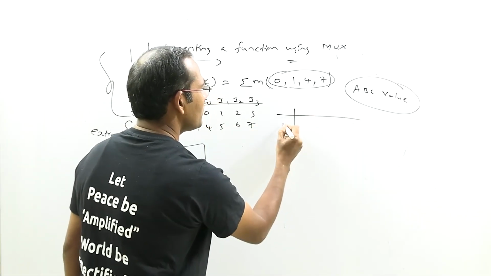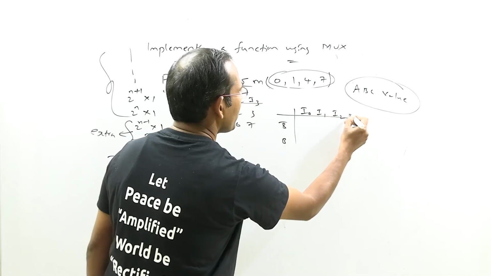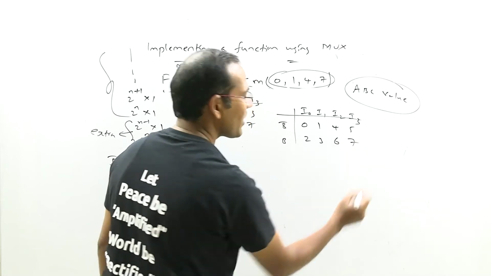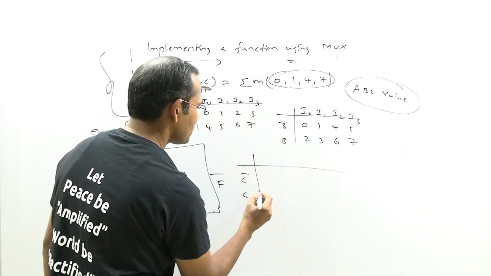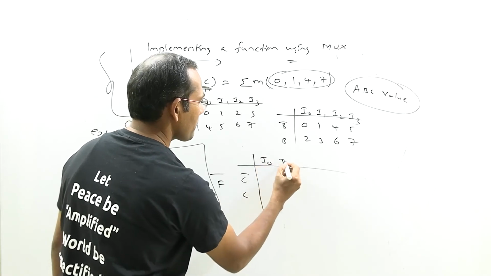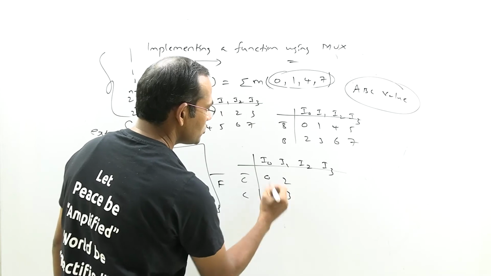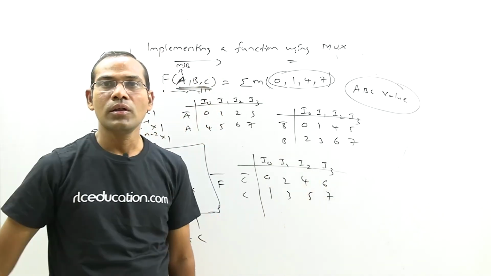When B is used as input, the order is like this. If C is used as input, the order will be in this manner: 0, 1, 2, 3, 4, 5, 6, 7 like this.